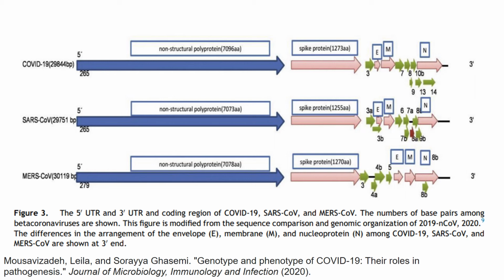Then we have the spike protein, and the major differences actually come in the organization of the E, M and N, or the parts in between, right? So this is the major difference, and this is what we call the genetic organization, and the protein organization leads to the phenotypic organization of the coronavirus, right?